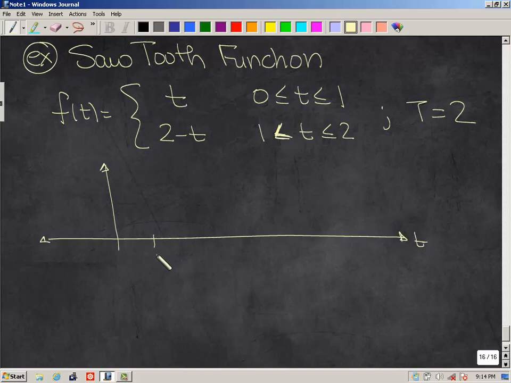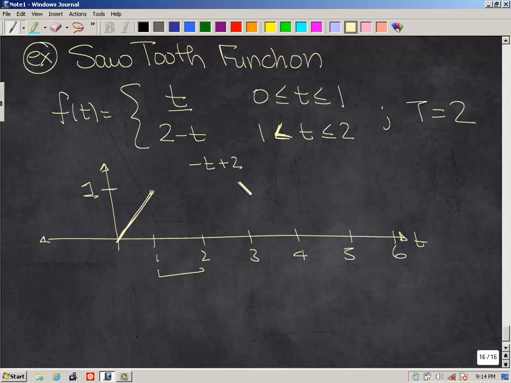So let's say this is 1, 2, 3, 4, 5, 6, and this is 1. So between 0 and 1 it looks like t. T is just a diagonal line. You guys know that, right? So that's what that looks like. Between 1 and 2, from here to here, it looks like this. So it's negative t plus 2.